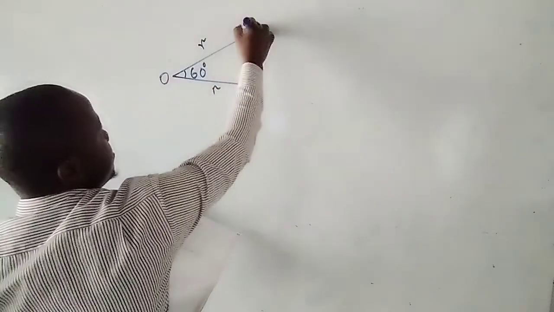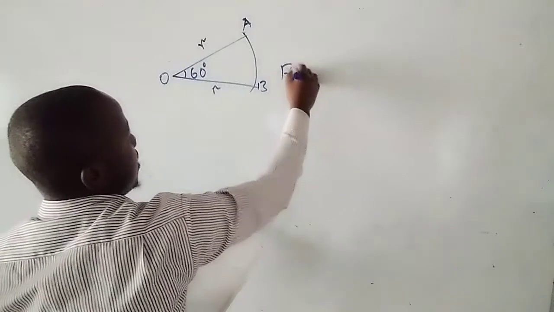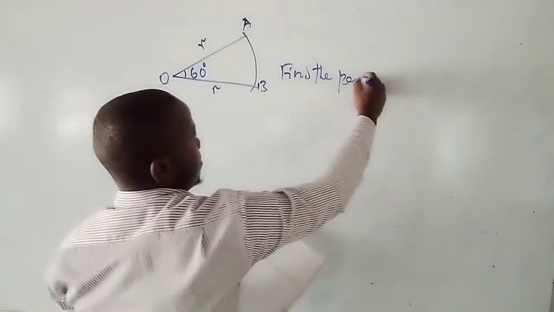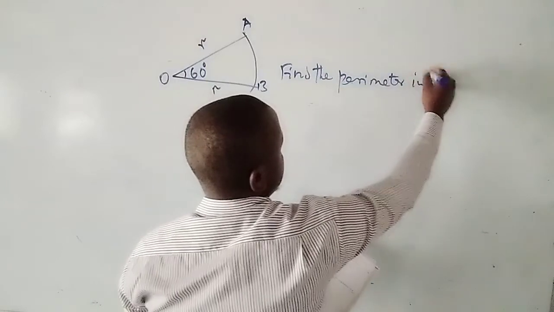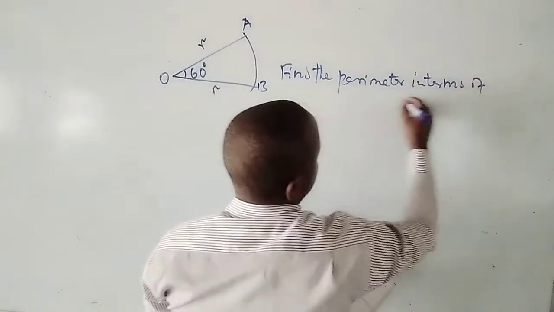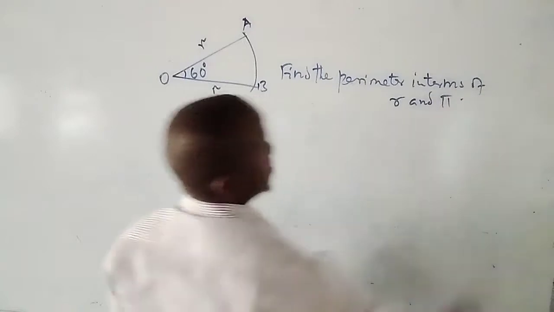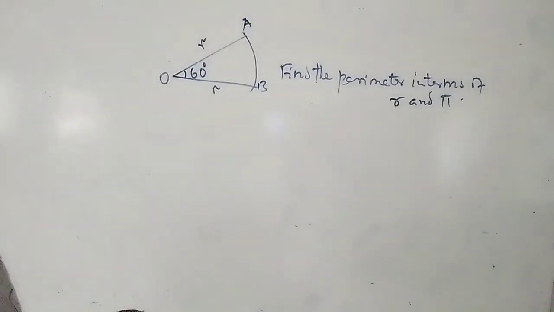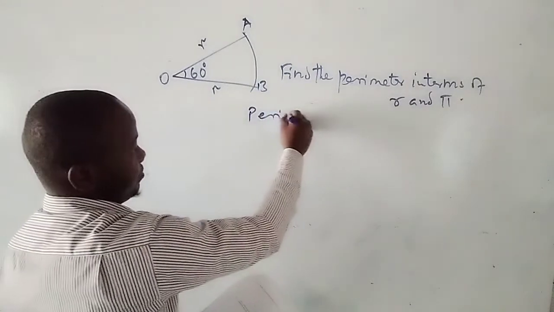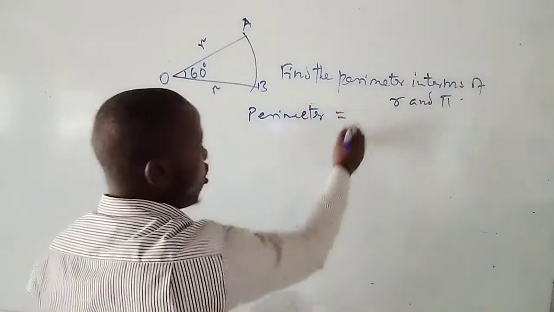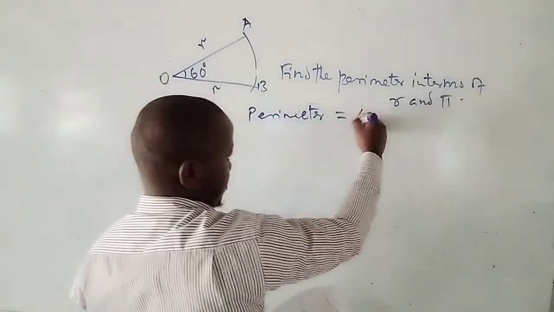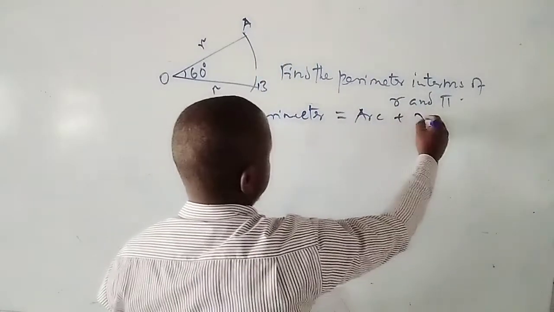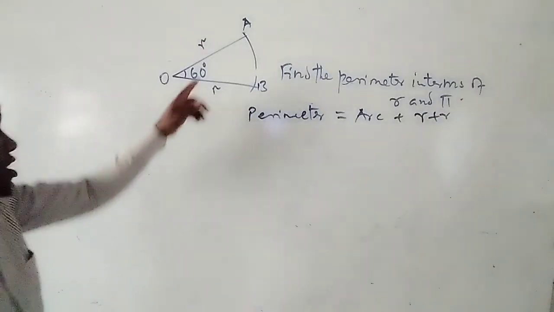We are asked to find the perimeter in terms of r and pi, which means we should have pi and r as unknowns in the expression. Perimeter is all the way around, so we get the arc length, and we add the radius, and we add the radius again, so that we get all the way around.